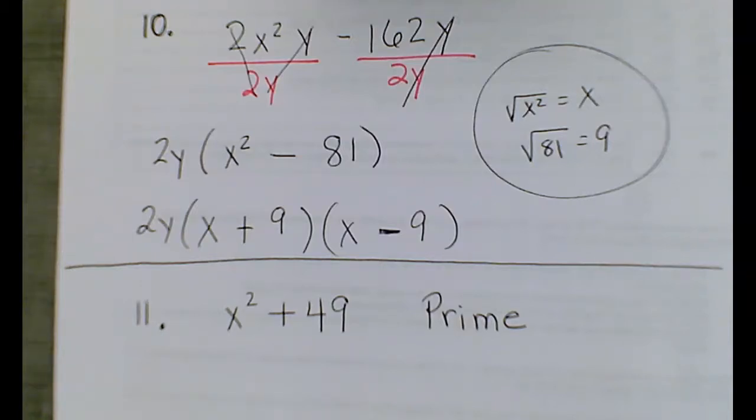This isn't a prime number. This is a prime polynomial. It can only be divided by itself and 1. It does not fit our pattern, and so it cannot be factored. The ones that cannot be factored are going to be a little bit more difficult when we get to the solving part.